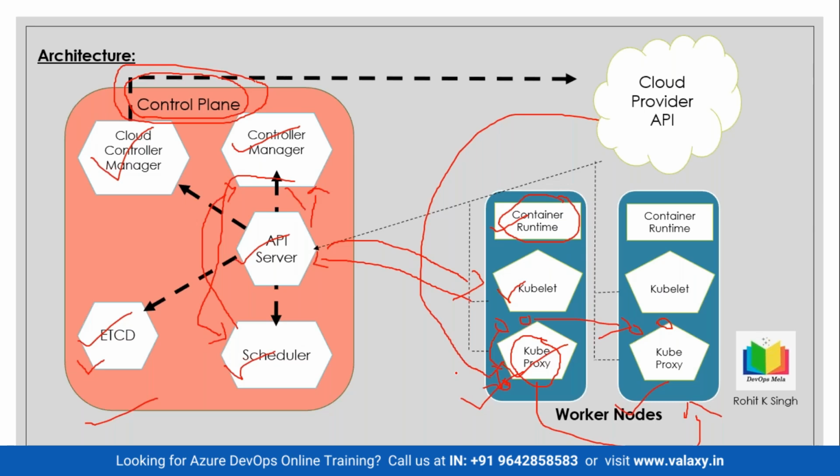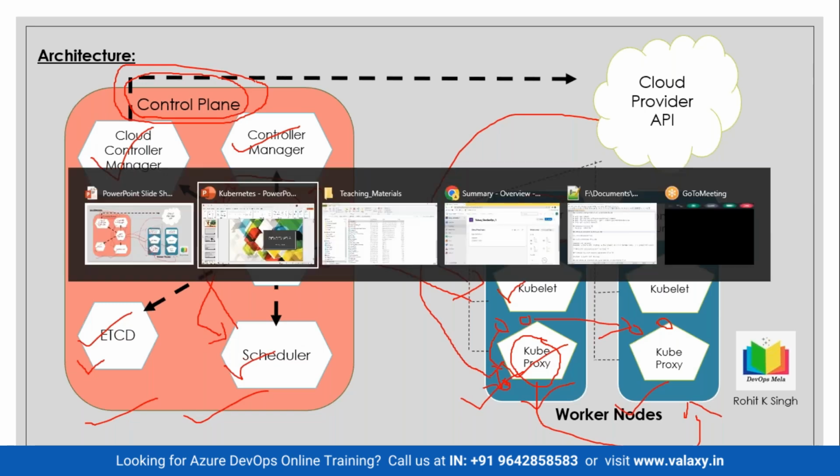Now for doing this, we may require at least one VM for setting up your master node, and at least one VM for setting up your worker node. But for practice purposes, there are tools available in the market. If you want to have a testing environment, you can make use of Minikube.